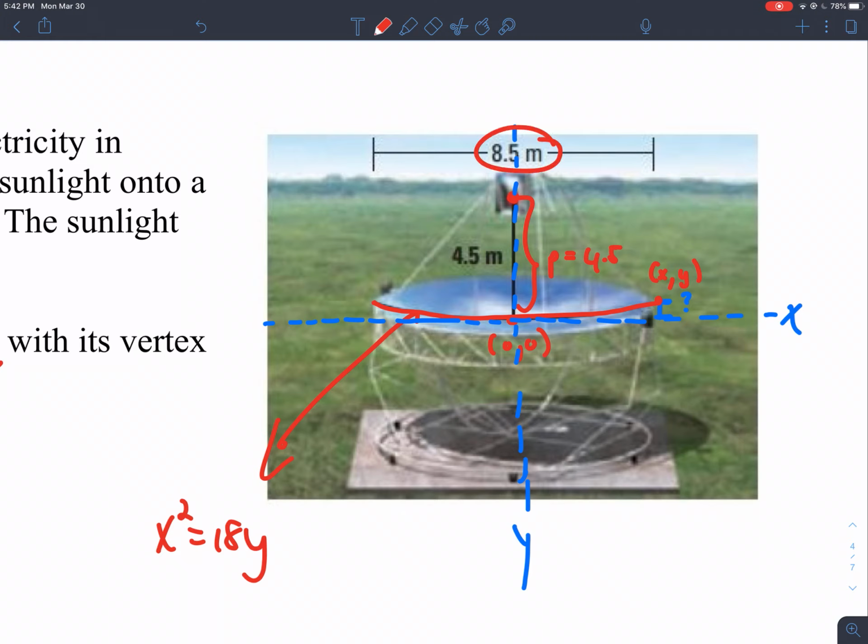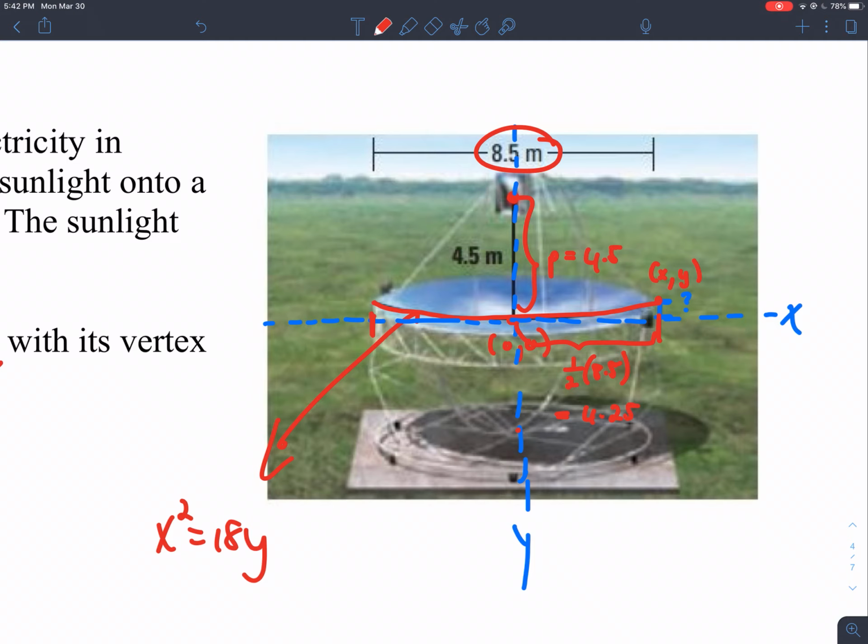They said that this distance here is 8.5 meters. If you look at the picture carefully, we know the axis of symmetry is the y-axis. So the distance from here to here is half of 8.5, and half of 8.5 is 4.25.